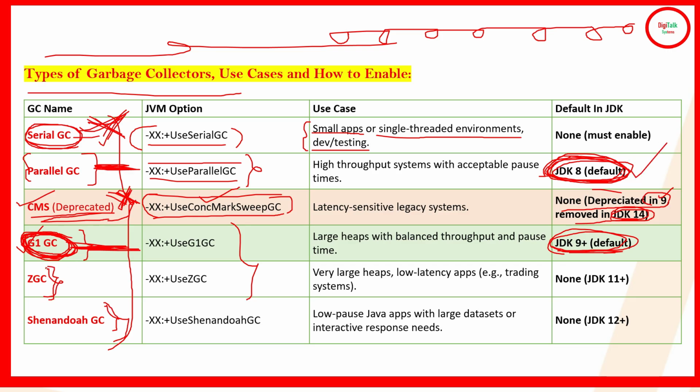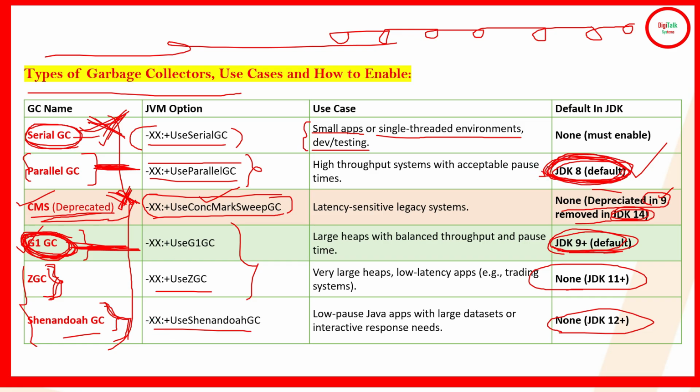And apart from that, we have two more. The first one is ZGC, and the second is Shenandoah GC. These are the two more algorithms that are available. ZGC is available from JDK 11 onwards, and Shenandoah is available from JDK 12 onwards. This is how we can enable them.